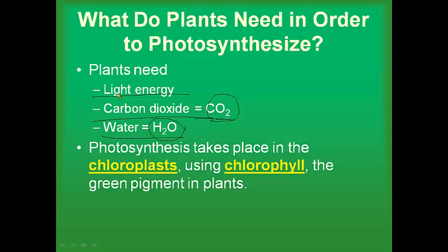So if a plant has light, carbon dioxide, and water, the chloroplasts can go ahead and use the light energy that the chlorophyll captures to turn all of those into sugars for the plant. So once the plant has those, what comes out of the whole process?